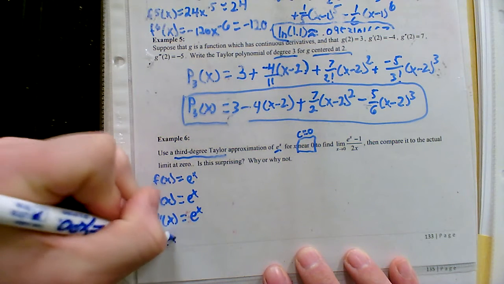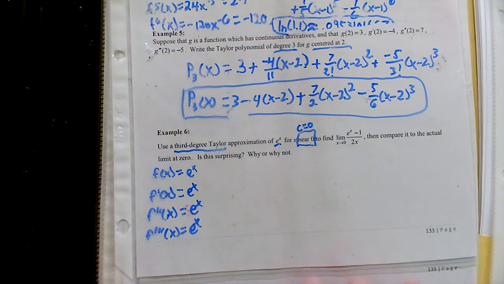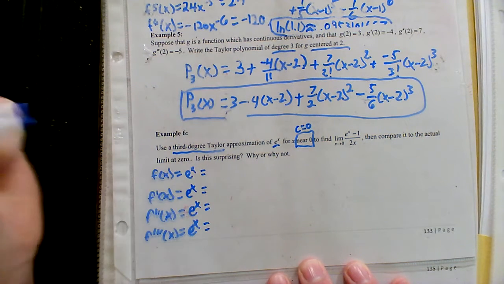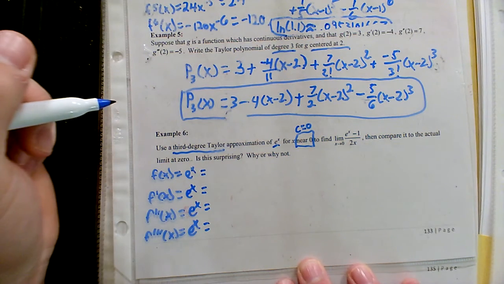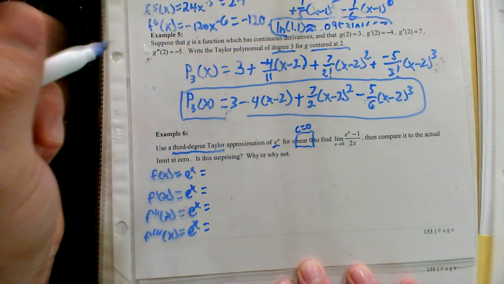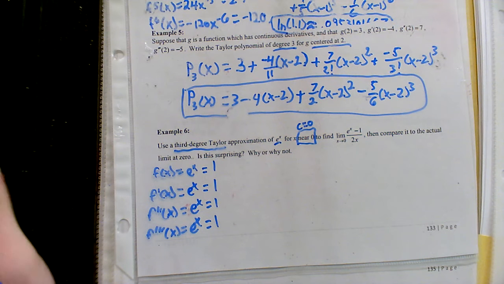Third derivative. e to the x. I like this function. Nice derivatives. If we evaluate them at our center, at 0, we get what value? We already mentioned it. 1. Okay?